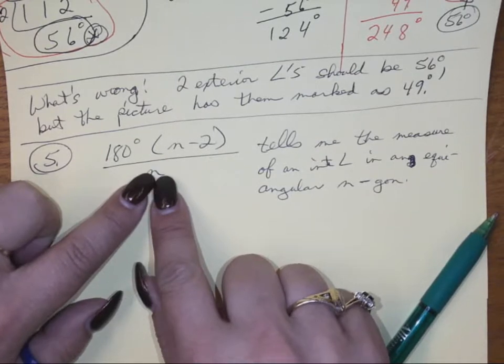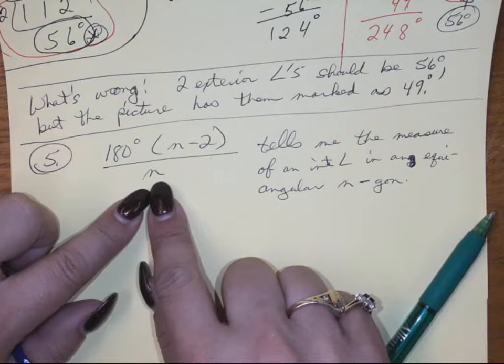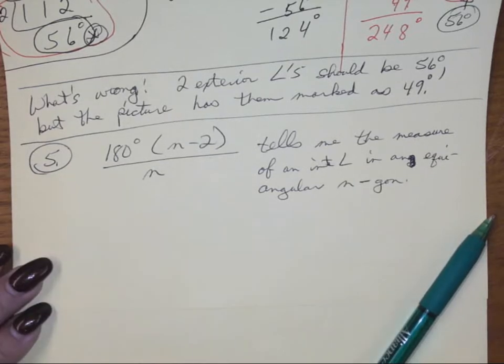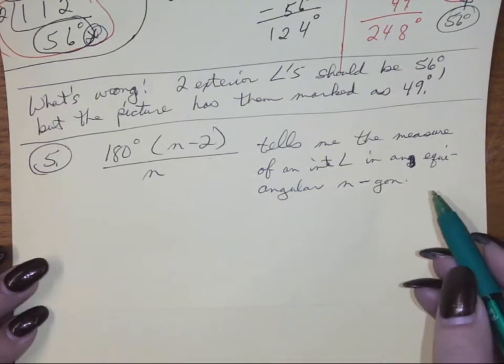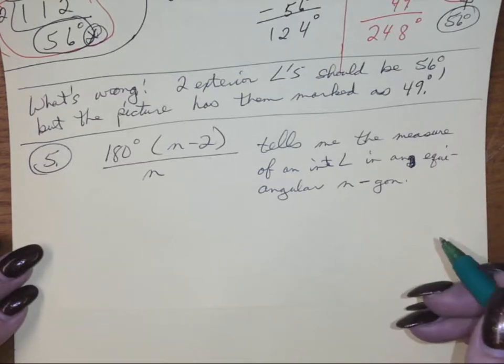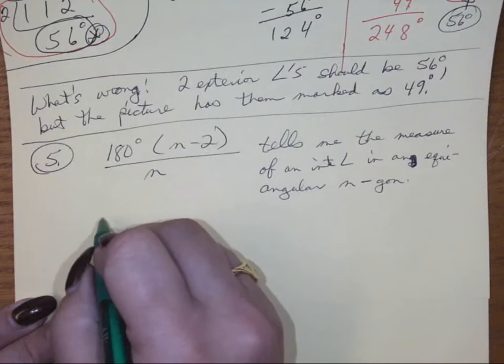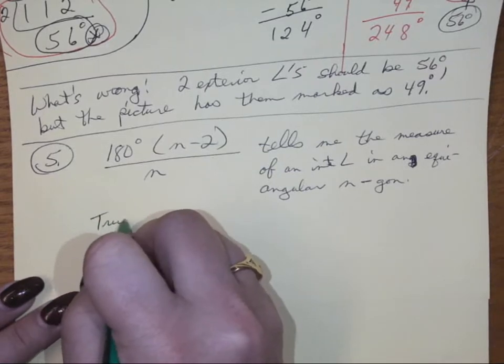And if it's regular, I can divide by 3, and 180 divided by 3 gives me 60 degrees. So that's the measurement of each angle inside of a triangle that's equilateral. Okay? So what they're saying is this will work for any n-gon, any polygon. So this is true.